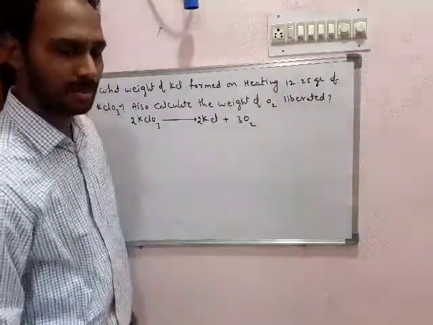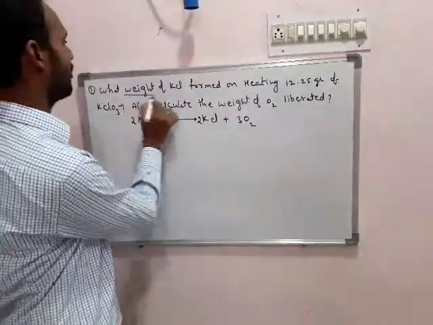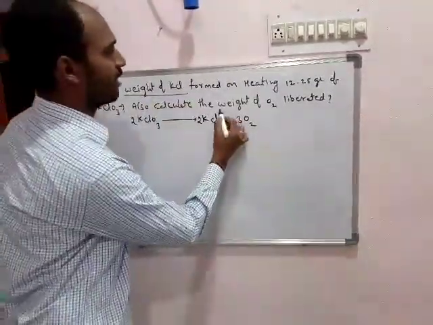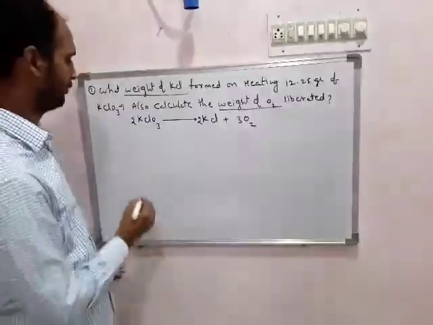Here in this problem, we need to calculate two terms, that is the weight of KCl and the weight of oxygen. So first we calculate the weight of KCl.